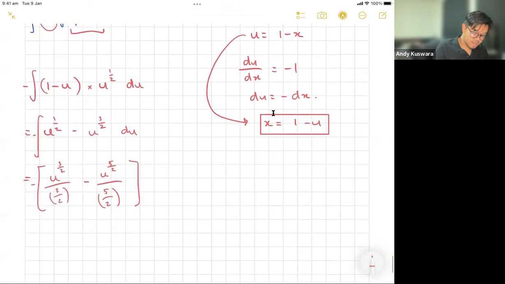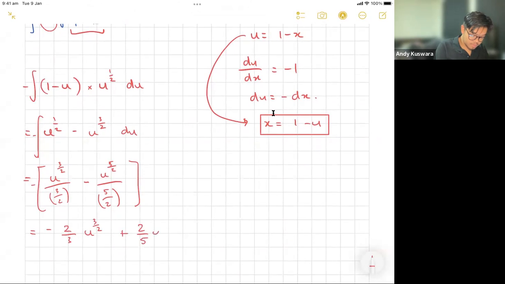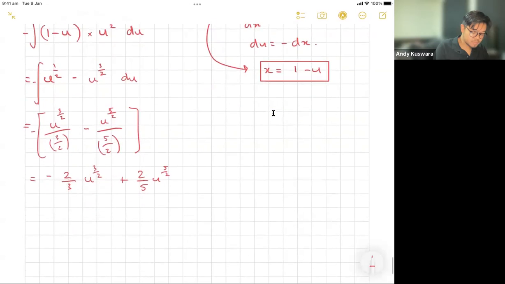And that there, I'm going to swap it around because of the negative at the front. So I'll write it like this. Now I'm just going to write this as negative 2 on 3 u to the 3 on 2, and then plus 2 on 5 u to the 5 on 2 plus c.